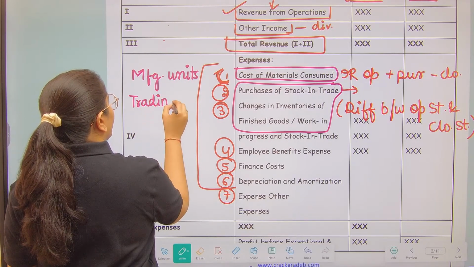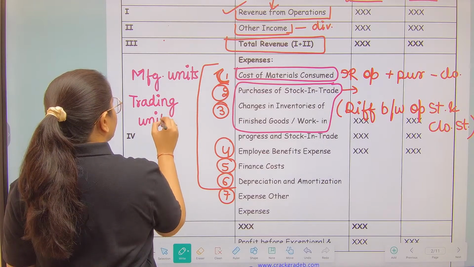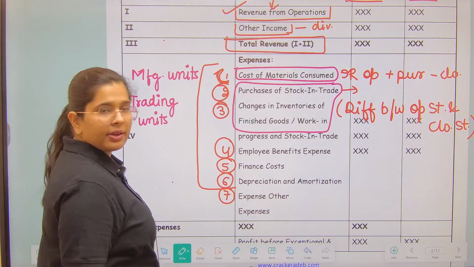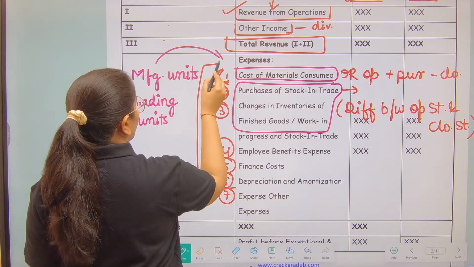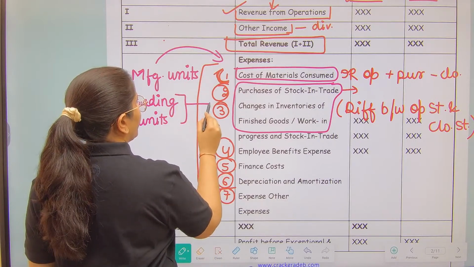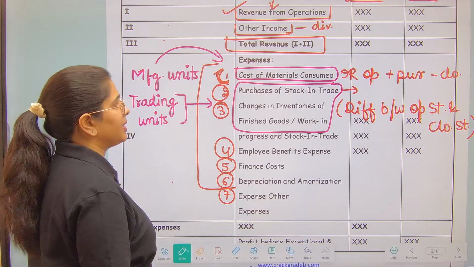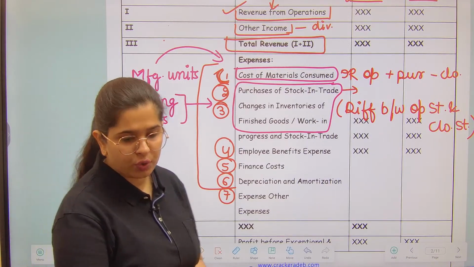Trading units means where no manufacture is happening, they are just purchasing the stock and selling it. Right? So if you are a manufacturing unit, you are going to show the consumption, and if you are a trading unit, then you are going to depict the line items like this: purchase of stock, what was your opening stock and what was your closing stock.